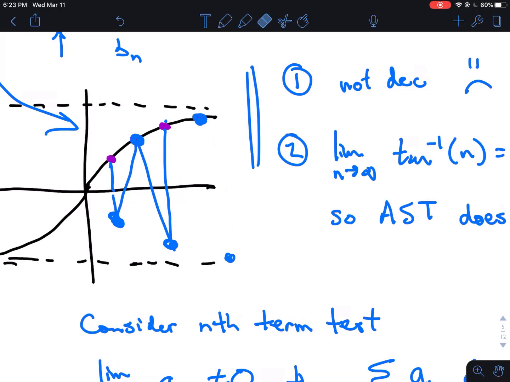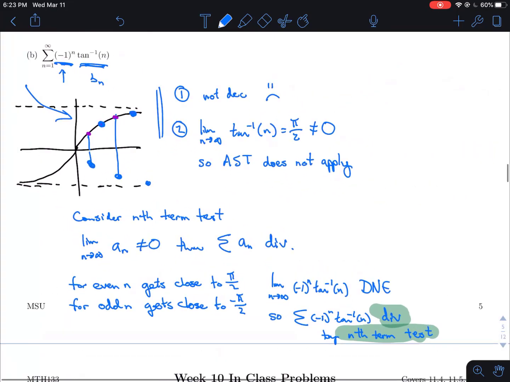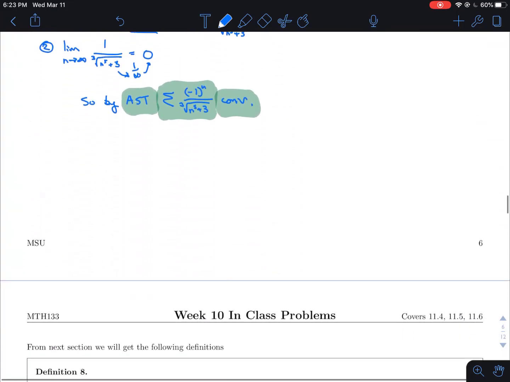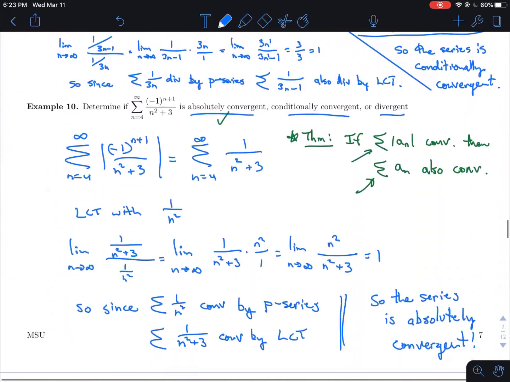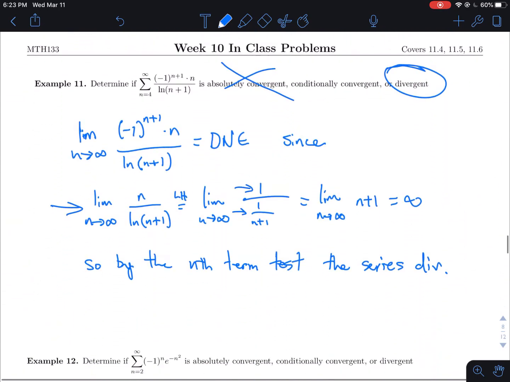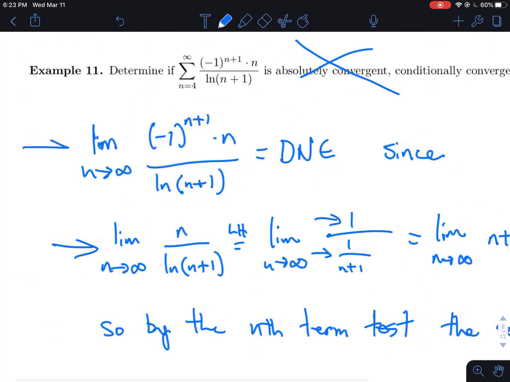It's going to be getting closer and closer to positive infinity and negative infinity. And the big thing here is that it's not going to converge to any one value. And so I've just kind of abused some notation here, and I've said that the overall limit, when I include that alternating piece, does not exist.